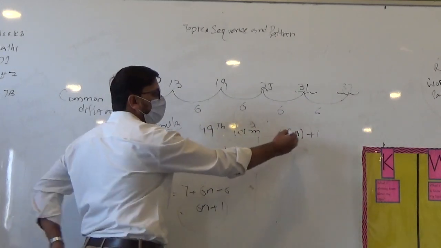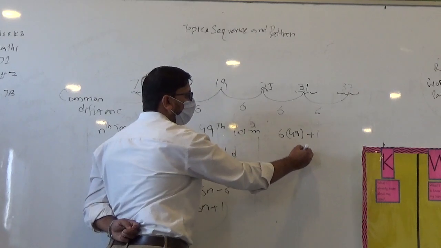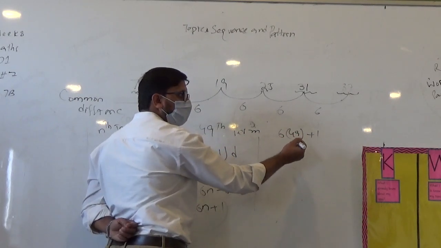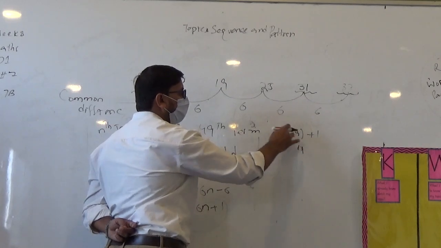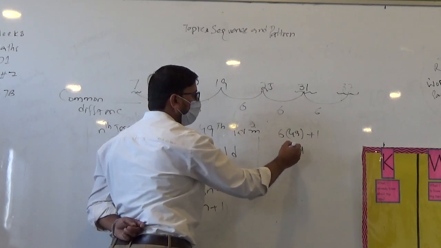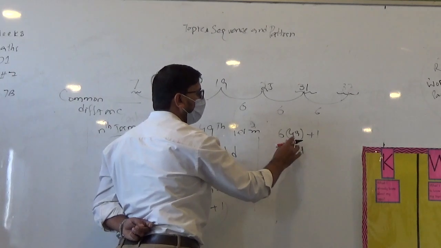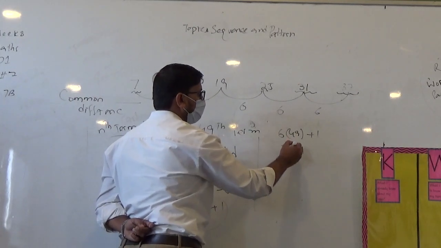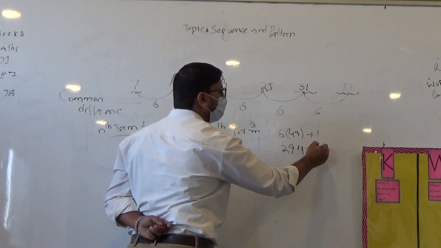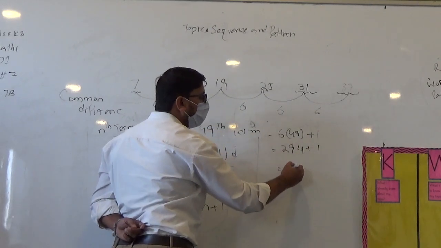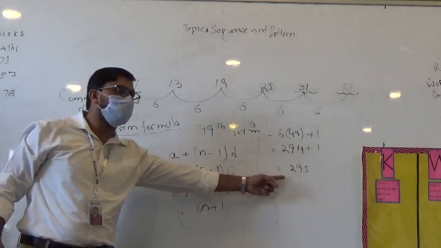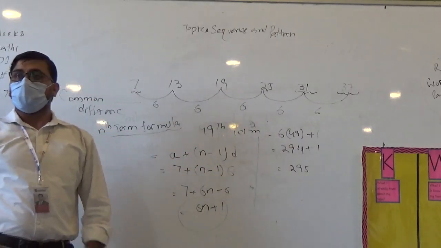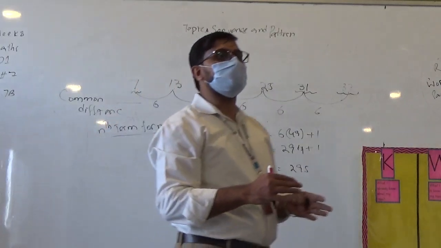So what will it be? 6 times 49 is 294. 294 plus 1. So your 49th term is 295.